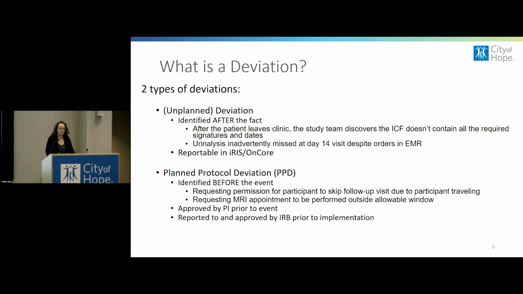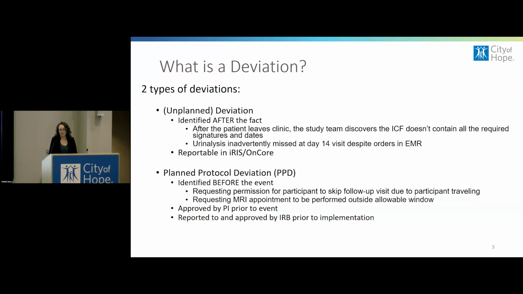So in terms of deviations, there are two types. So we have unplanned and planned. So unplanned deviations occur and are identified after the fact. So an example would be, let's say you're in clinic and a patient is consenting, and then the next day you go to scan the consent forms and you realize that the patient signed on a different line or didn't put the date of the signature.